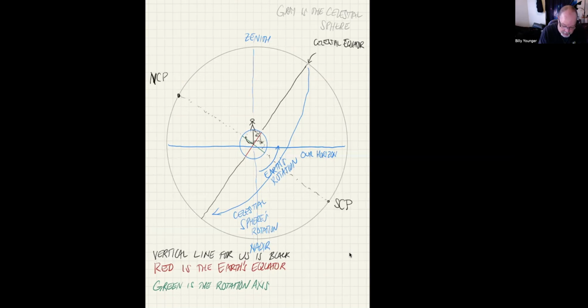Now, since this point right here is directly below the North Celestial Pole, this is our north point. Which doesn't sound that familiar. Of course, if we go to the opposite side, this would be our south point.